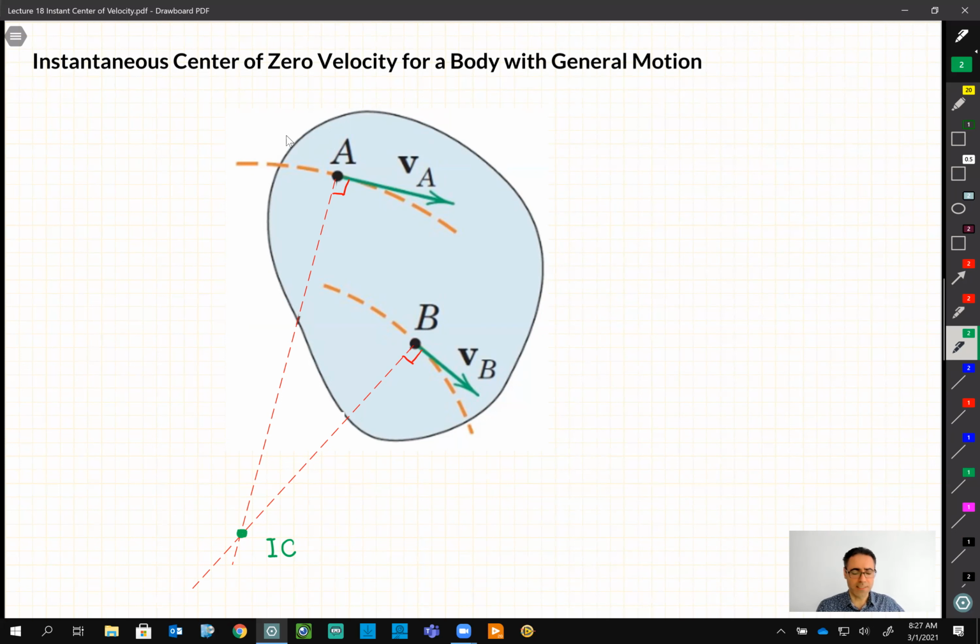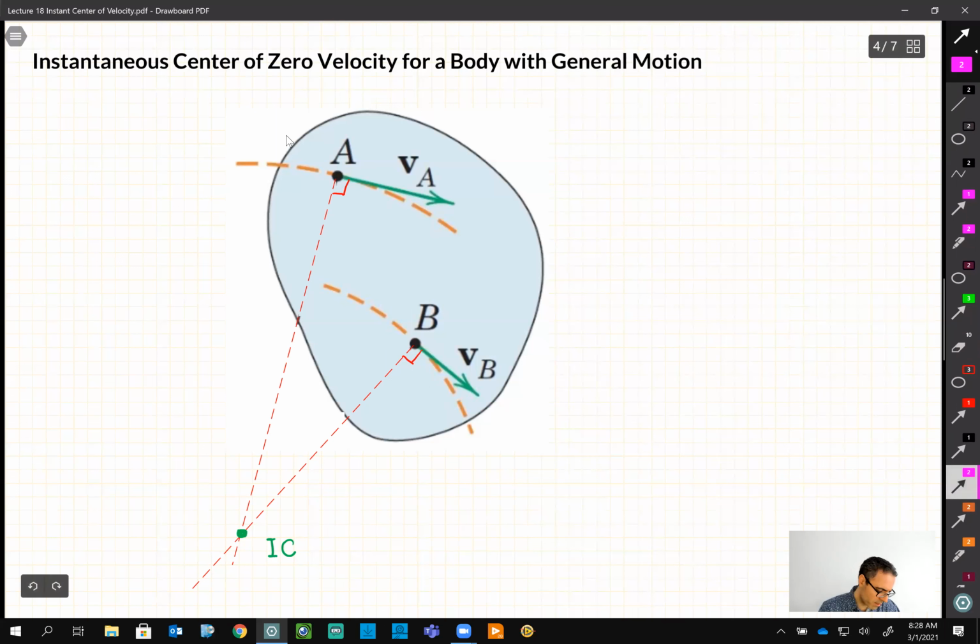Why is it instant? Because let's look at another moment, let's say 0.1 second later. 0.1 second later, maybe point B is here, and maybe point A is here. So this is B prime, and this is A prime.